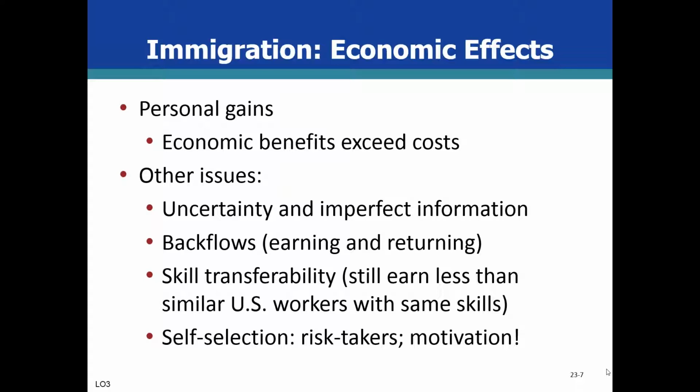So because the skill transferability is not perfect, they will earn less than similar workers in the United States with the same skills. They're going to earn more than they do at home in their home market, but less than similar workers with the same skills, perhaps for quite a bit of time.